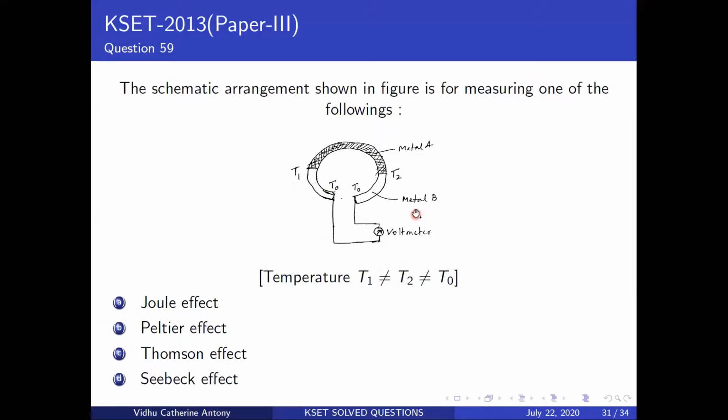What you're supposed to understand is there is no supply of current here. No current is passed through this. But a potential difference is created here, because of the difference in temperatures that you have here and here.